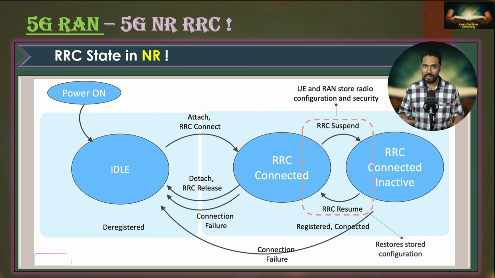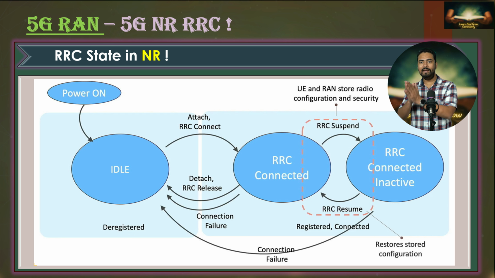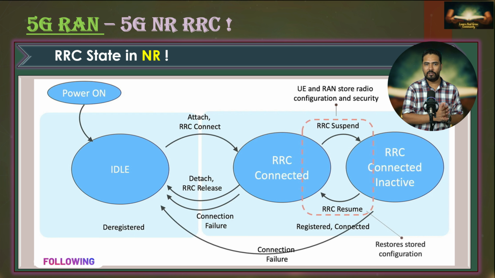When a connection is established and the UE enters the RRC Connected state, it also sets up the radio configuration and security parameters for the connection. Now when the UE moves from RRC Connected state to RRC Inactive state, this is the suspend procedure. And during the suspend procedure, the UE and radio access network keep those radio configuration and security parameters.